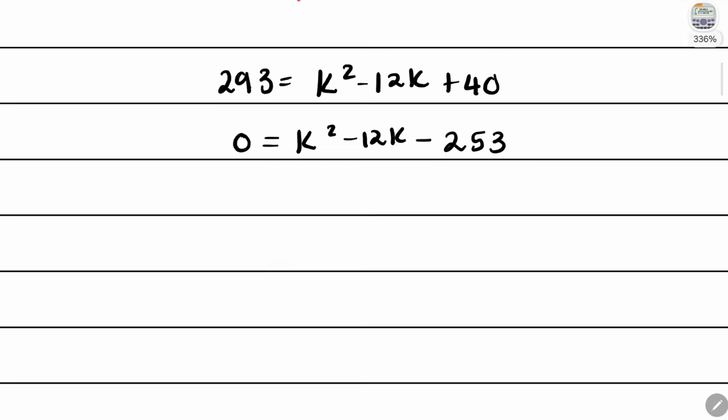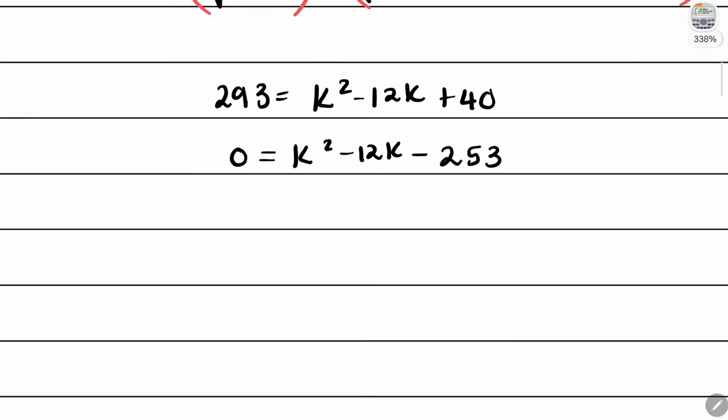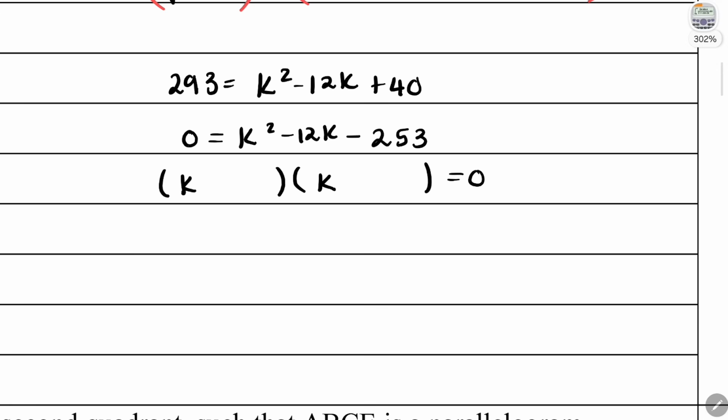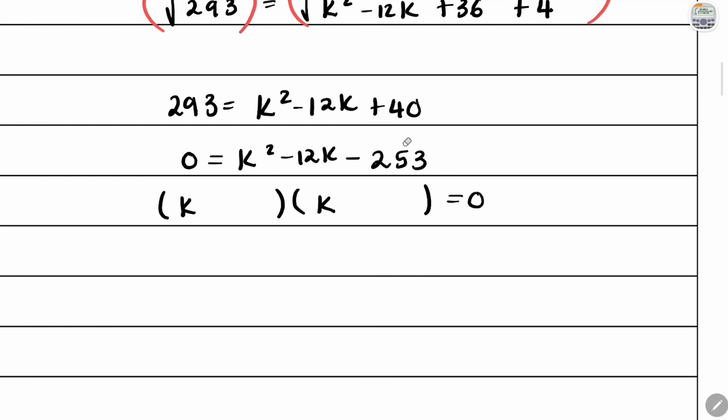And we have to factorize. So 253, not a very nice number to use, but not a problem. We're going to open up two brackets, equate it to 0. k multiplied by k gives us k squared. And we need factors of 253, but one needs to be negative, one needs to be positive, and they should give us a 12 in the middle. Now, this ends with 3, so it's an odd number.